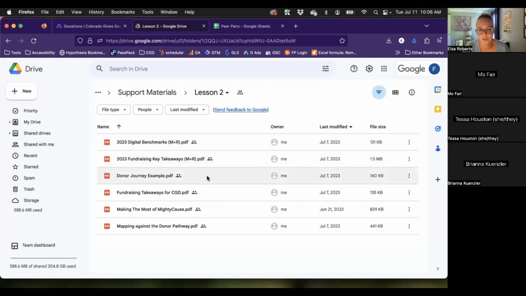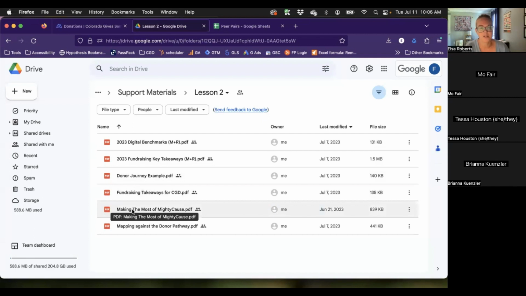There's also a donor journey example, which shows how someone might traverse the donor pathway, going from awareness all the way to convert and then on to retain and cultivate. We'll get into that a little more during this lesson. There are also some fundraising takeaways specifically applicable to Colorado Gives Day. That document is right here.